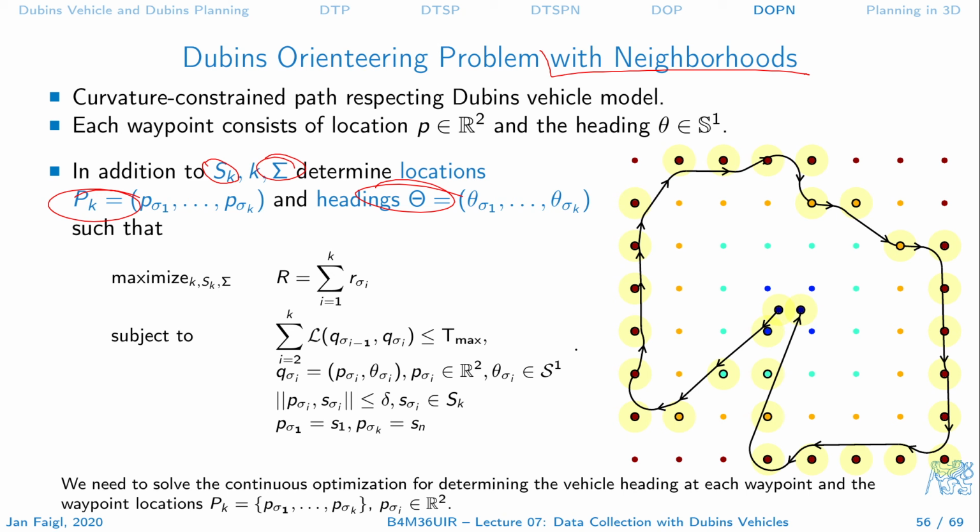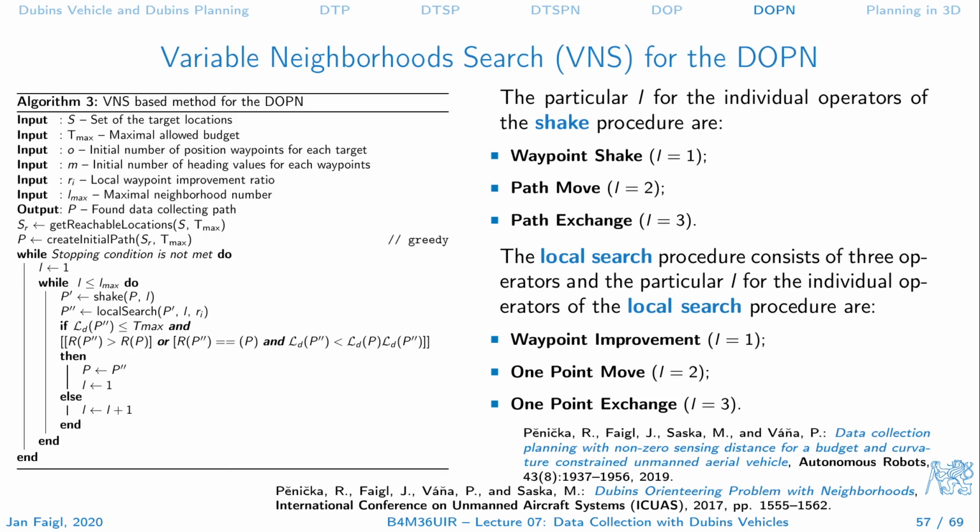Again, you can consider sampling the locations and sampling the headings for each location, and solve it as a discrete variant. But you can also use the variable neighborhood search, and this is the variable neighborhood search for the Dubins orienteering problem. It basically captures the initialization and application of the shake and local search.